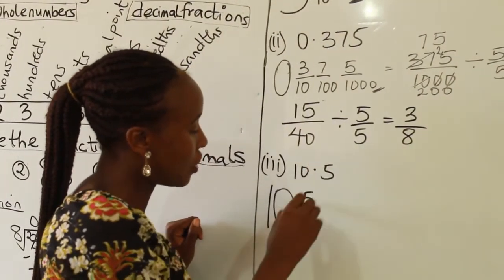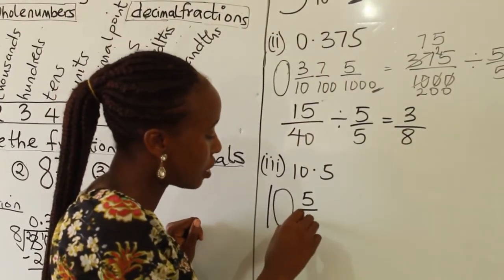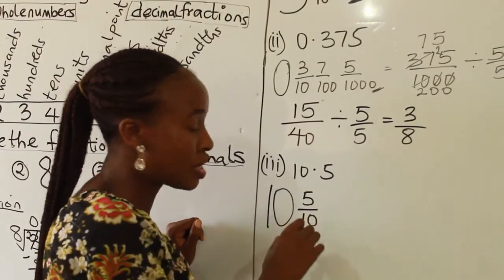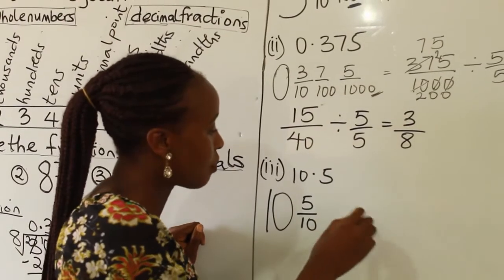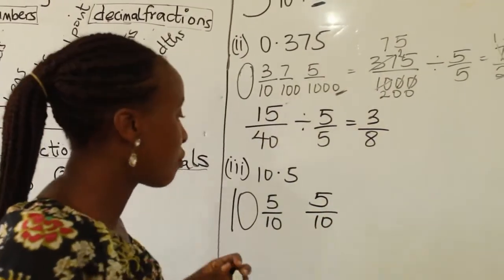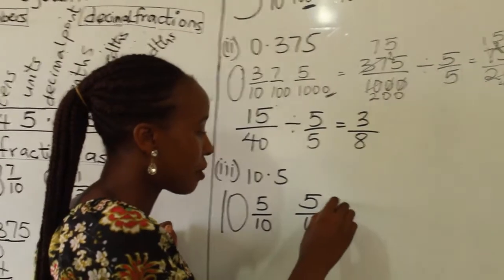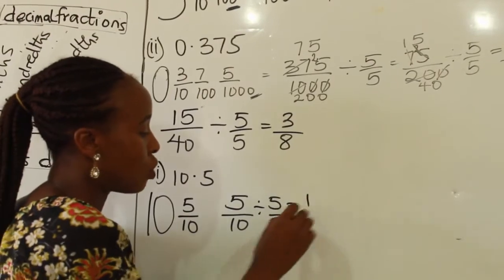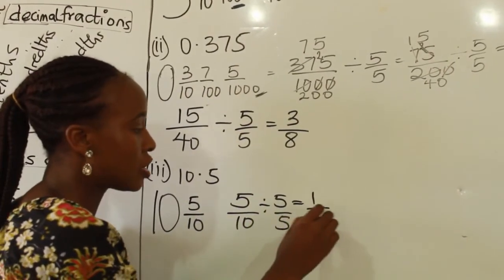The place value of 5 here is 5/10. So we'll reduce 5/10 to its lowest term. 5/10 can be divided by 5. 5 divided by 5 is 1. 10 divided by 5 is 2.